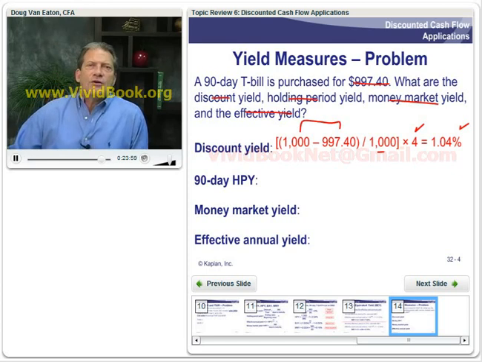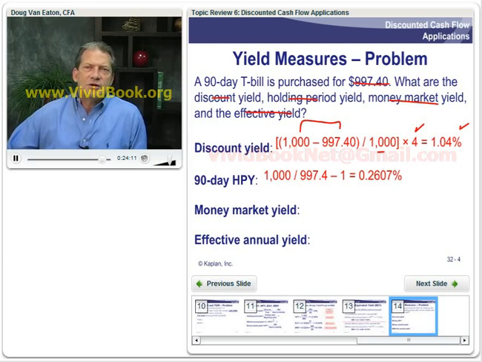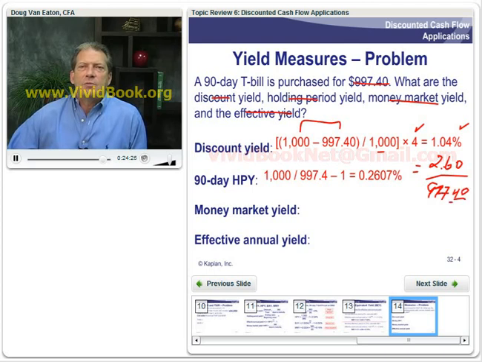Now, as far as our holding period yield, we're going to invest $997.40 and we're going to earn $2.60 over 90 days. So we can calculate it this way, which is $2.60 over $997.40. Not the best writing in the world, but you get the idea.